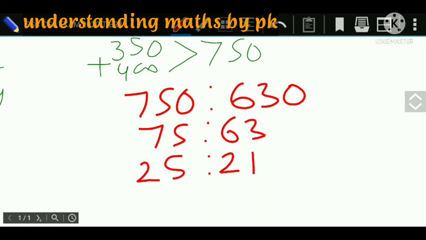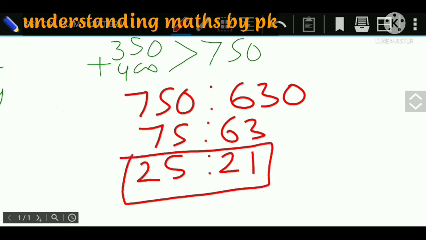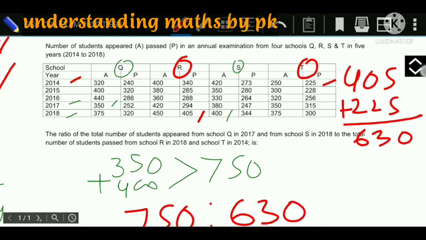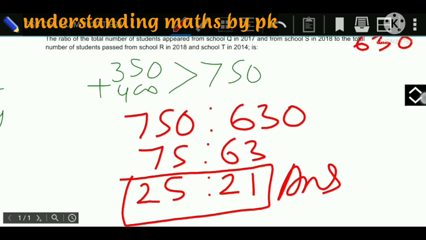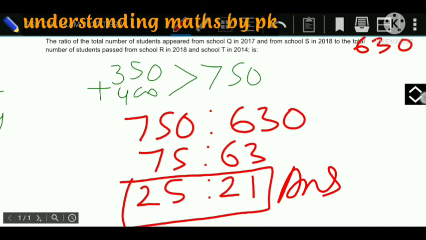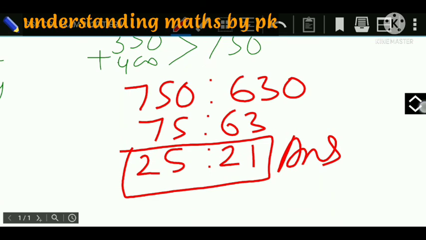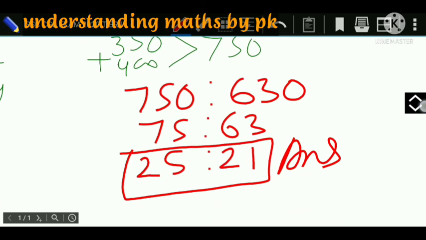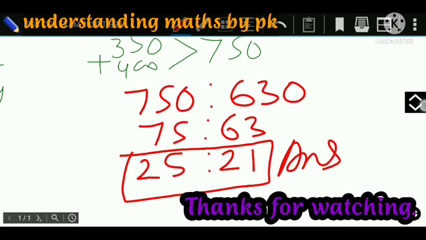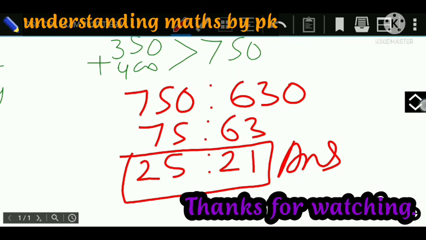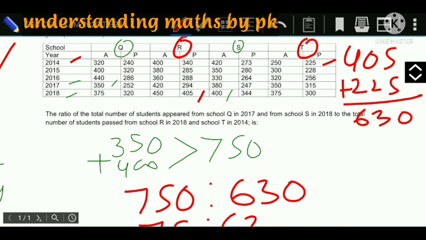So 25 ratio 21 is the answer. This is the correct option. Here option is not mentioned, but in the answer key this option will be certainly there, so that can be checked, and that way we can solve this question.